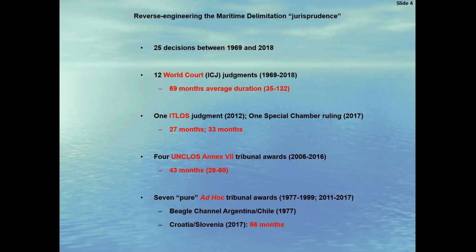And the ICJ is the undisputed front runner, as you can see, with a dozen judgments. Now, ICJ boundary cases on average take 5 years and 9 months to conclude. And in this case, we are actually marking the 69-month anniversary. So we are already on the wrong side of the mean in this case.